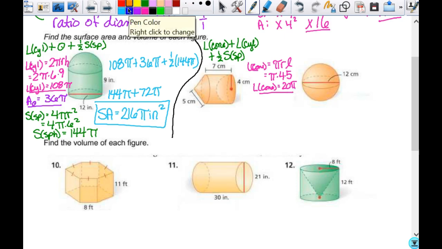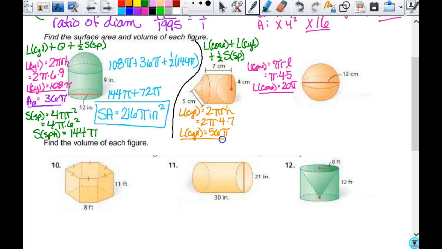All right, so then I need the lateral area of the cylinder. That is 2 pi RH. It's 2 times pi times 4 times 7. So 4 times 7 is 28, times 2 is 56. So lateral area of the cylinder is 56 pi.